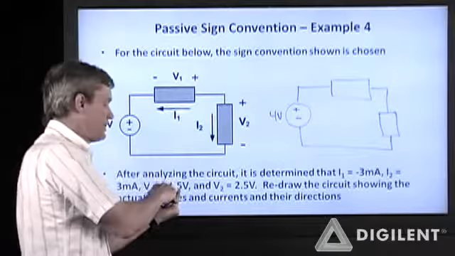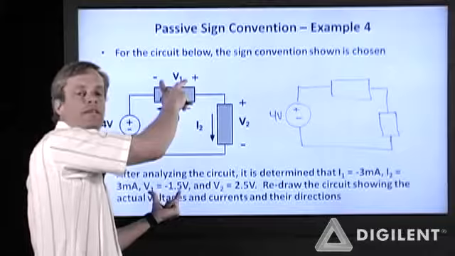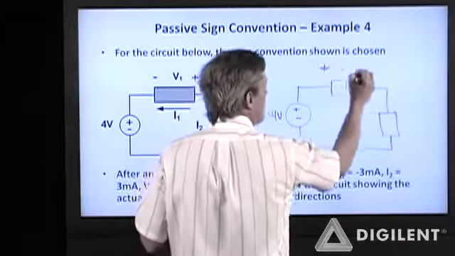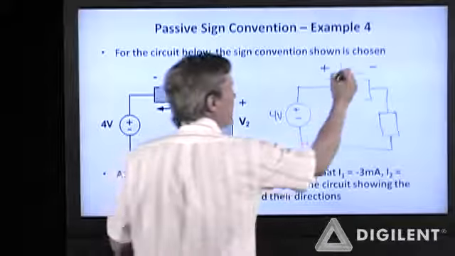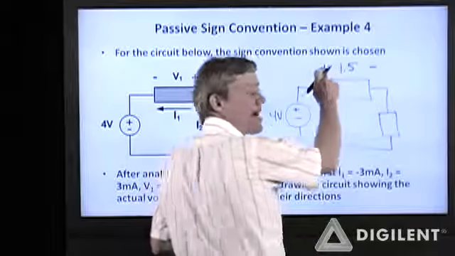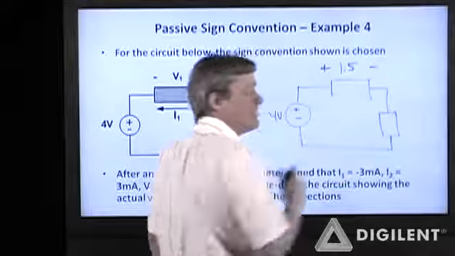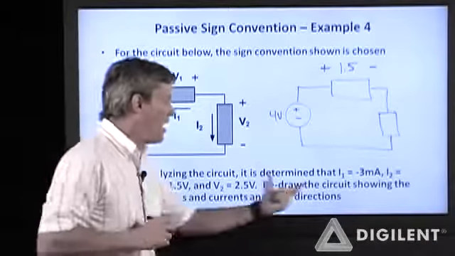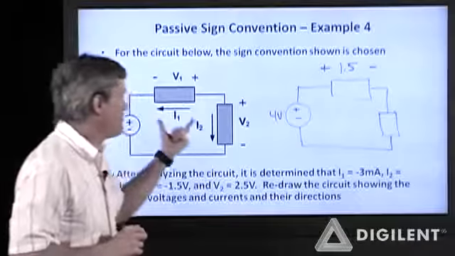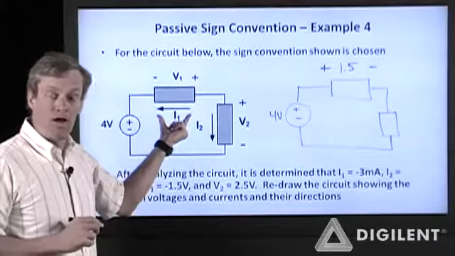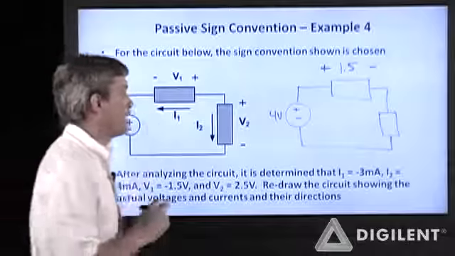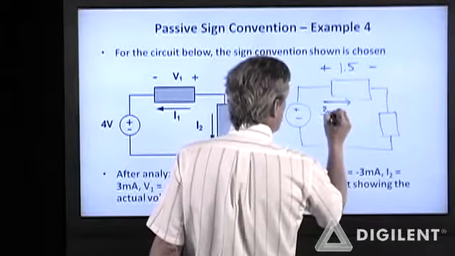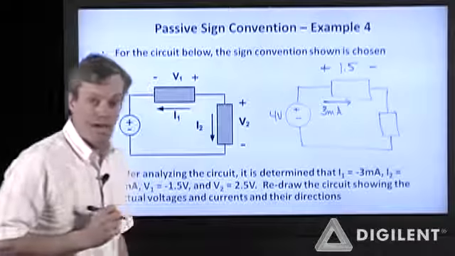That simply means that the actual voltage polarity is the opposite of the assumed voltage polarity, so that 1.5 volts is a higher voltage at the left node than it is at the right node, the opposite of what I assumed. I1 is also negative. That means that this current is also in the opposite direction to what I assumed. So I1 is actually in this direction, and it is positive 3 milliamps in that direction.